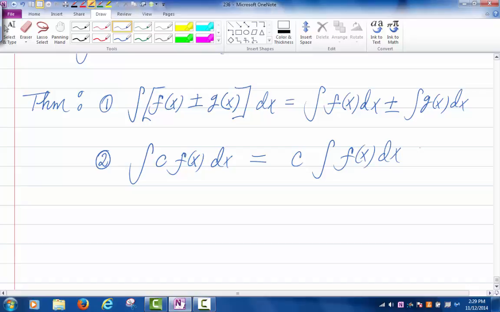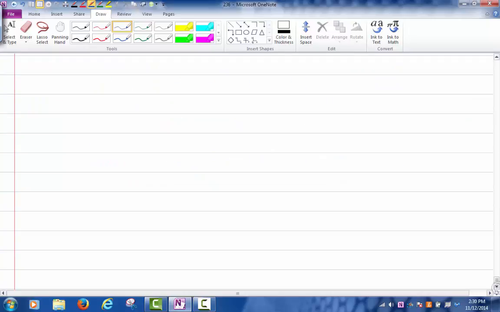And we could do the same thing for derivatives, right? Remember, what's the derivative of 2 times x squared? The derivative of 2 times x squared is 2 times the derivative of x squared, which is 2 times 2x, which is 4x, right? Same thing happens for indefinite integrals.